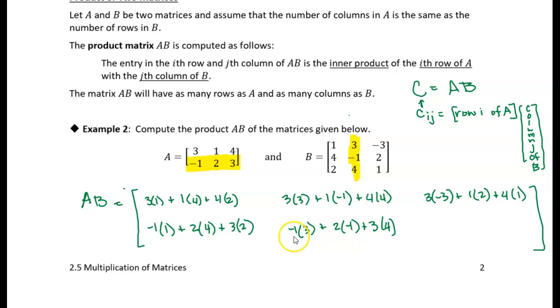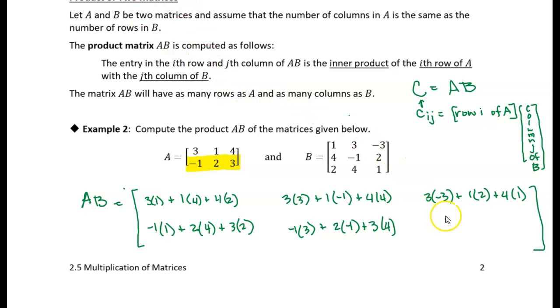Okay, -1, 2, and 3 are from the second row of matrix A, and the 3, -1, 4 are from the second column of matrix B, and that creates our second row, second column element of the product.